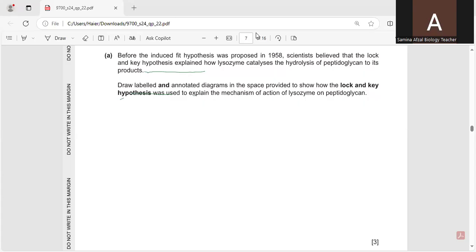Students, you know that according to the lock and key hypothesis, the enzyme always acts as the lock and the substrate acts as the key.